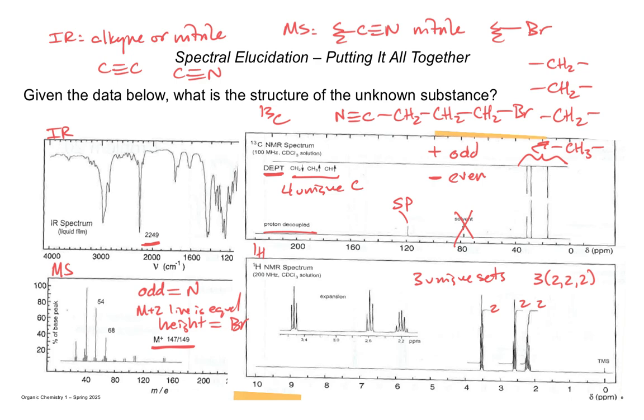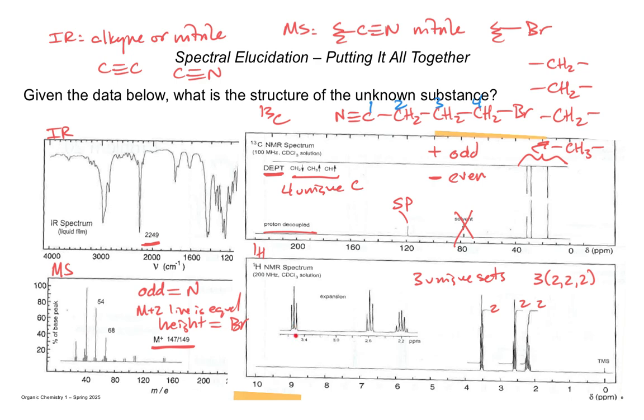Just as a review, in blue, let me number these carbons 1, 2, 3, and 4. So we have this right here, this triplet at about 3.5.